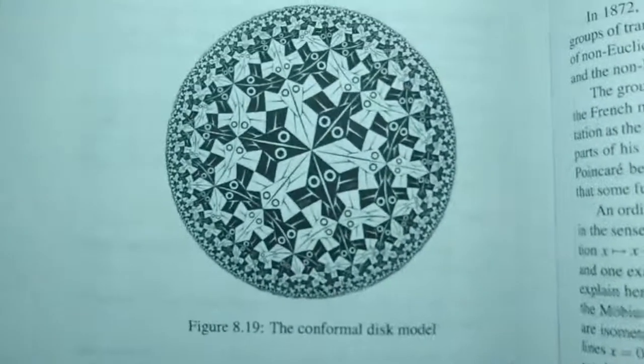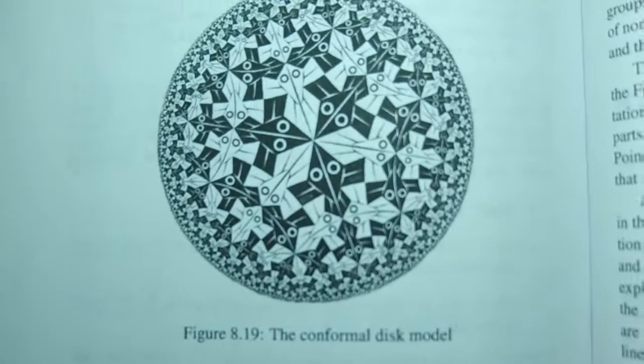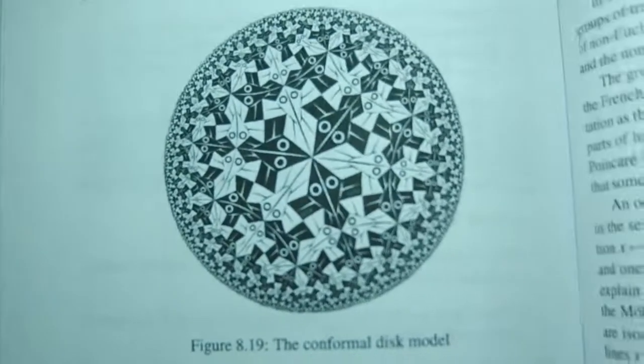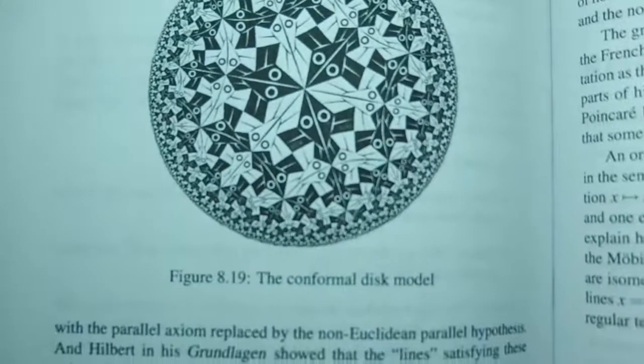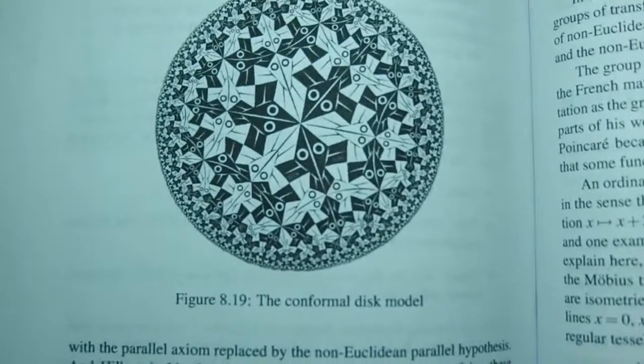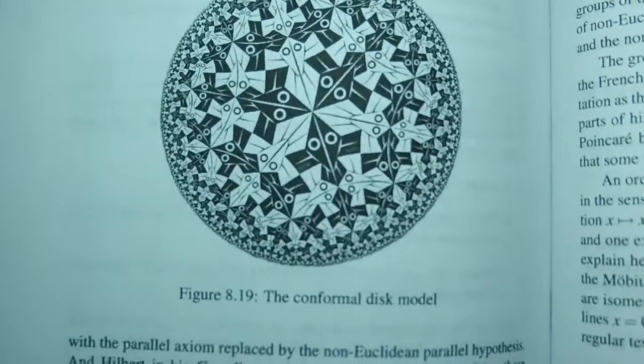An example of this is the earlier transformation we talked about. Remember that upper half plane version? This is another model called the conformal disk model. This was invented by Beltrami. So, to go through that really quickly and give you an idea.